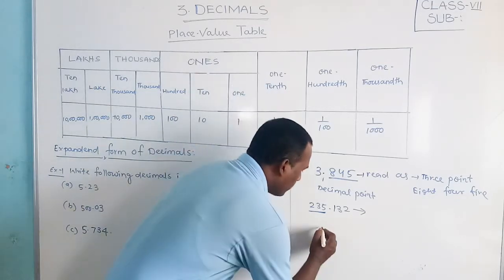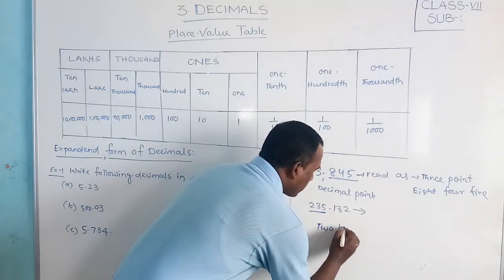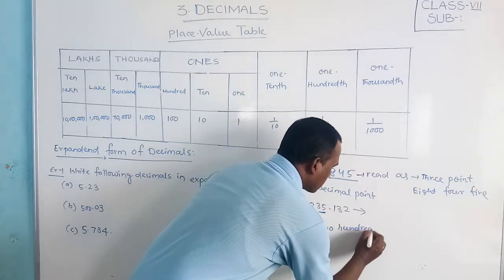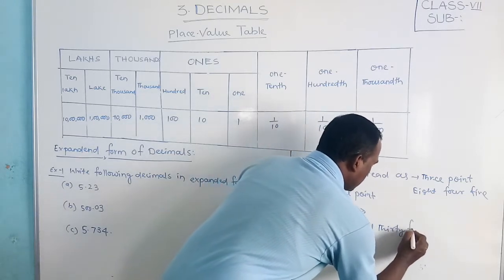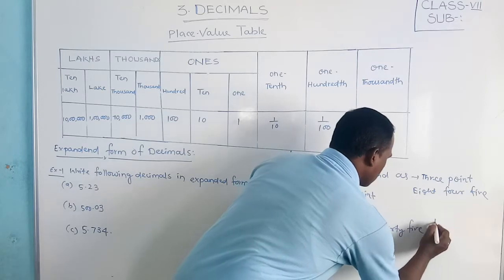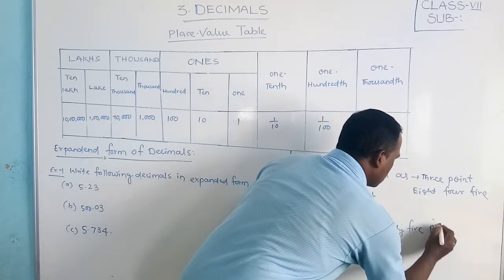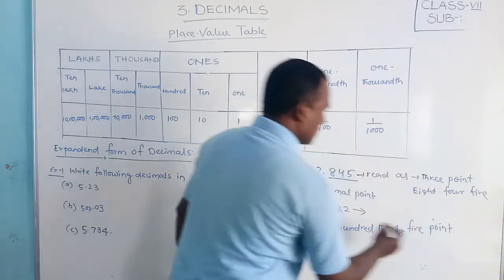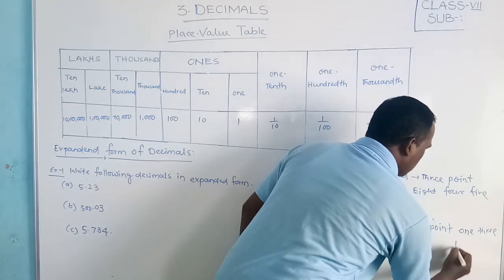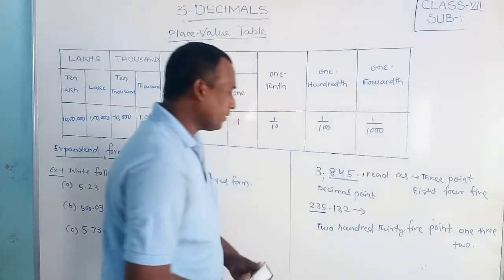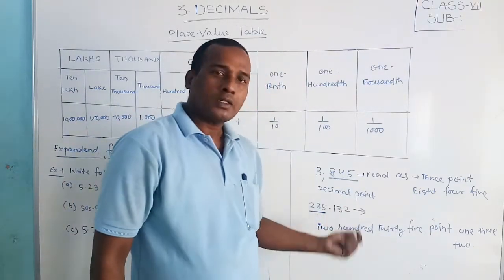Take 235.132. How should you read it? Did you understand how to read that decimal number?